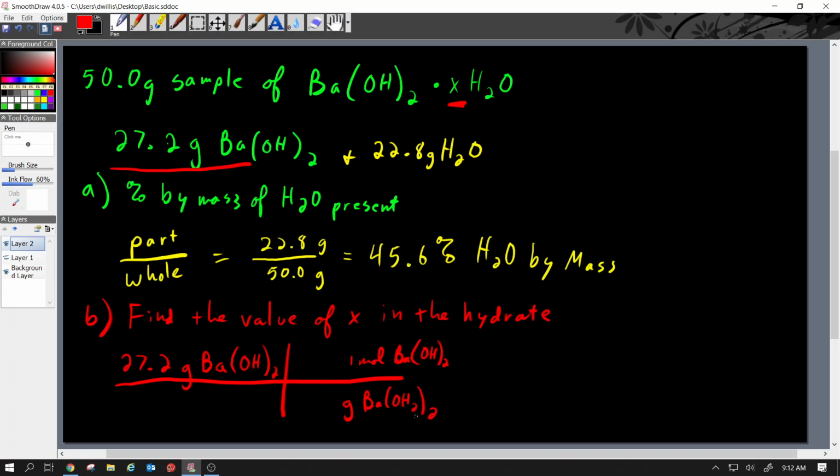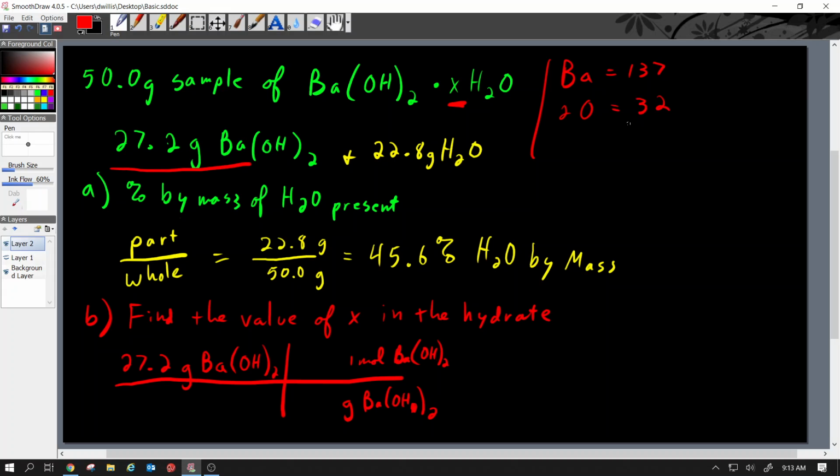That 2 should actually be on the outside. There we go. Just going to do a little work up here in the corner. What's the atomic mass of barium? 137.30. I'm just going to do whole numbers for speed here. Oxygen. Notice that since I have a 2 on the outside of my hydroxide, that means I'm going to have 2 oxygens.